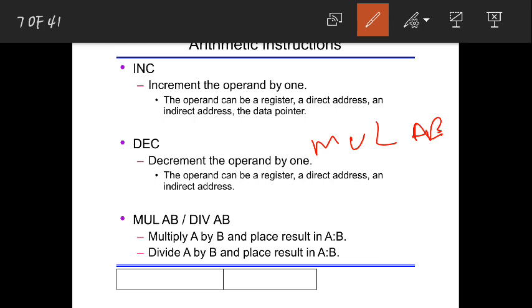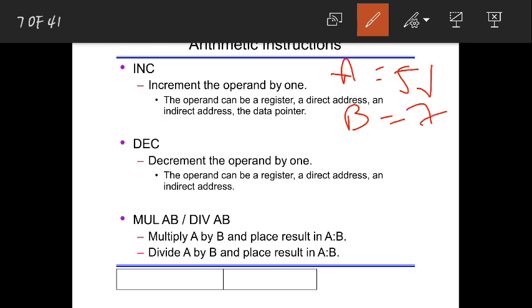Now for multiply we'll see a small example. We will take A equal to 5 and B equal to 7, in decimal terms.